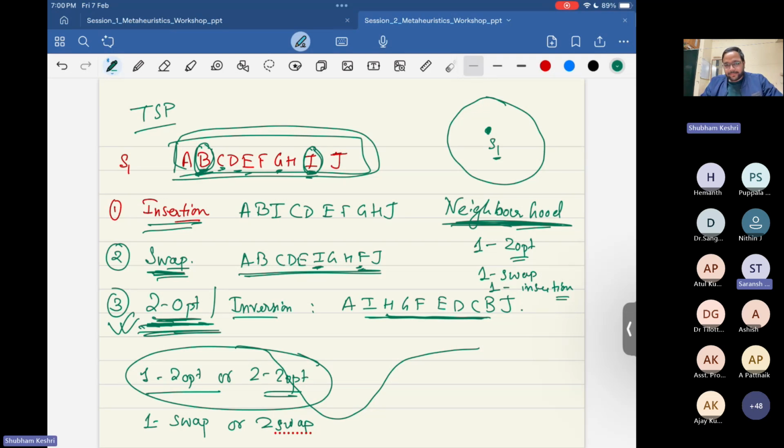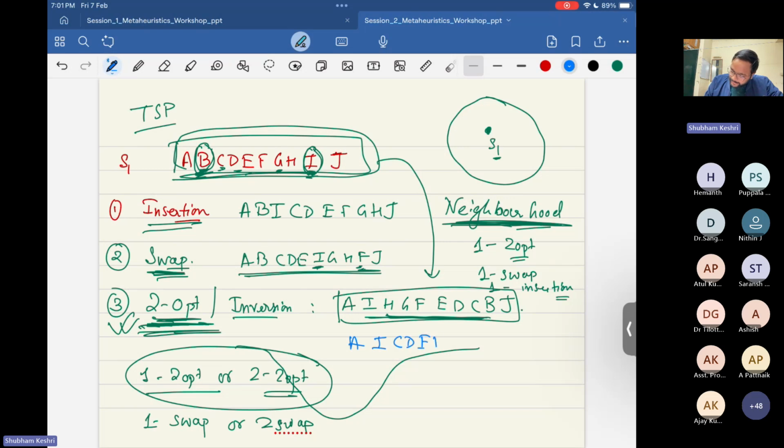Please give one example. I can give one example. Suppose over here, when I have done inversion or 2-opt, considering B and I, this is the neighbor. But when I do a swap of B and I, the solution will be A, I, C, D, E, F, G, H, B, J. You see, this is the swap of cities B and I. What is this?